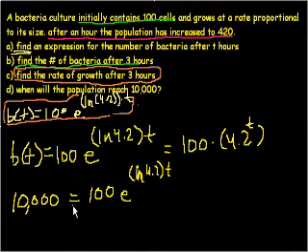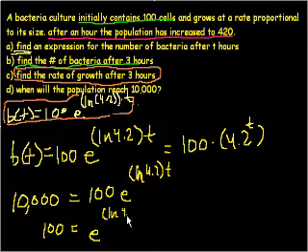So you could divide both sides by 100, and you get 100 is equal to e to the ln 4.2 t. And now we can take the natural logs of both sides of this equation, right?